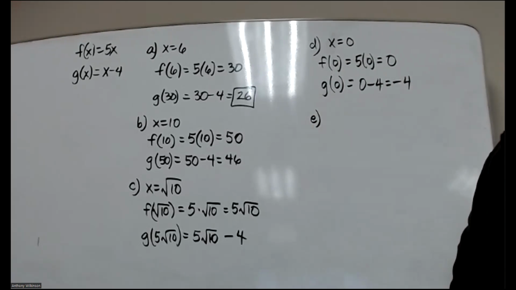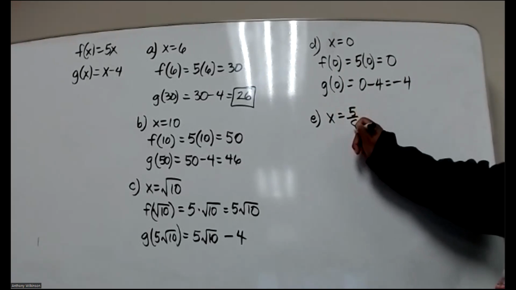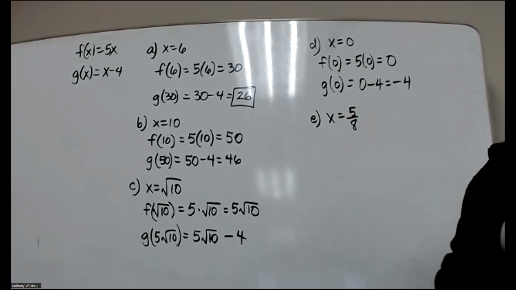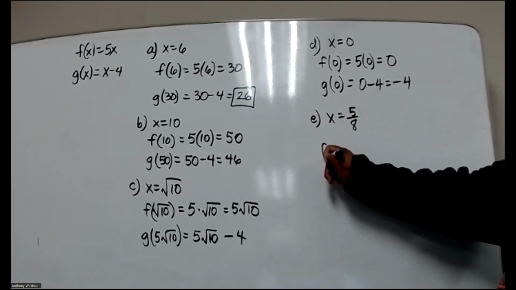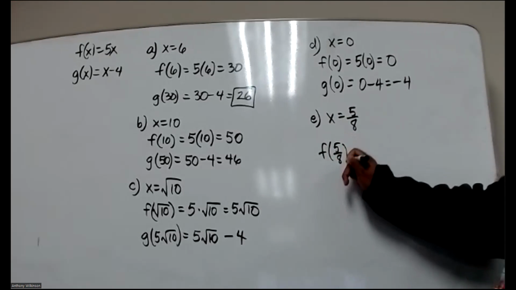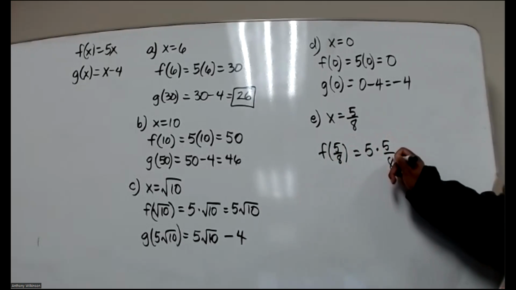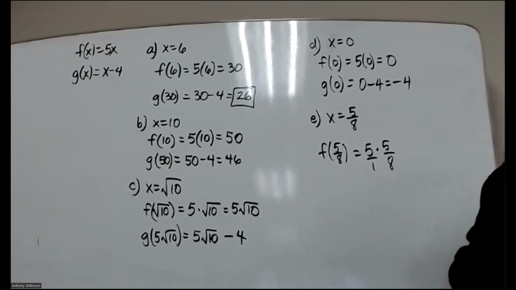And for E, here we got x is equal to 5/8. And in this case, we're going to do f of 5/8. So it'll be 5 times 5/8. And that 5 is like 5/1.